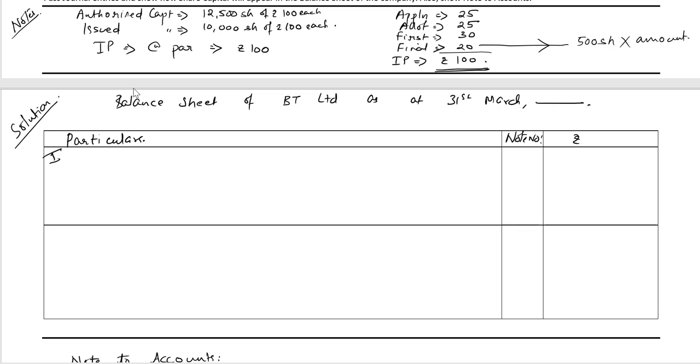Let's begin with the first part of the balance sheet, equity and liabilities. We have 1, shareholders' funds.